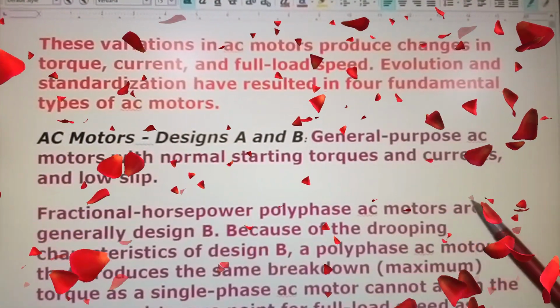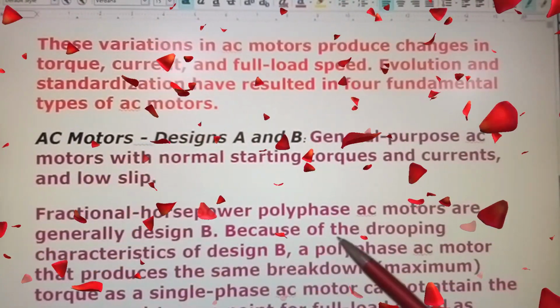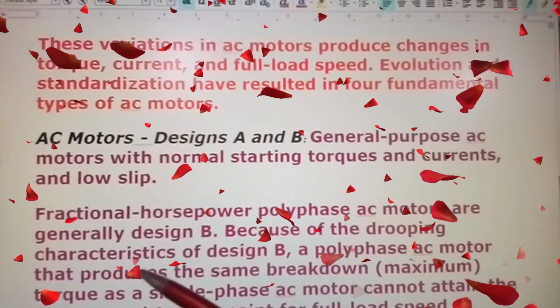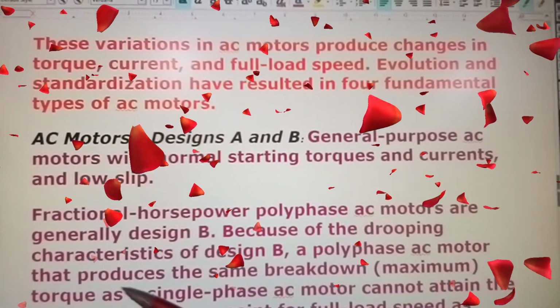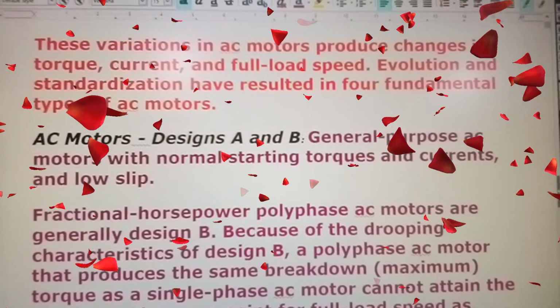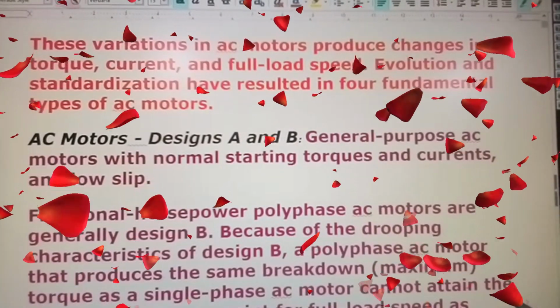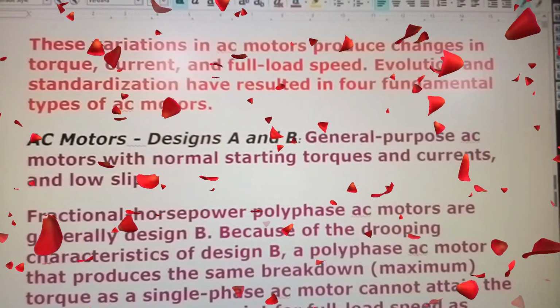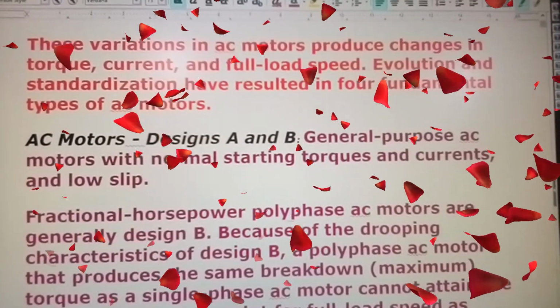Now, fractional horsepower polyphase AC motors are generally design B because of the drooping characteristics of design B. A polyphase AC motor that produces the same breakdown maximum torque as a single-phase AC motor cannot attain the same speed, torque point for full load speed as a single-phase AC motor.